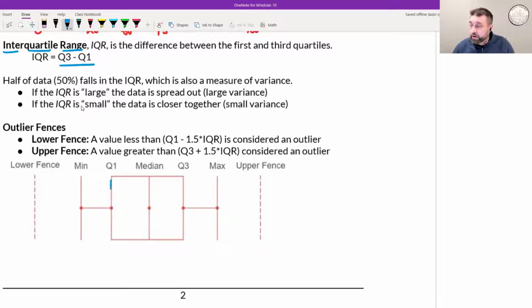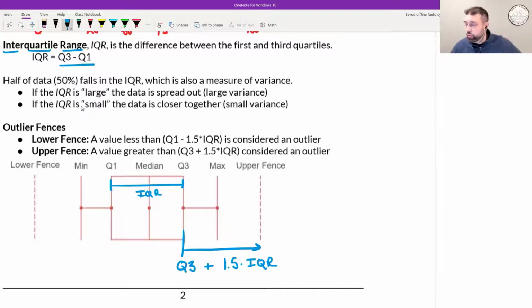If you take Q1 and Q3 and you take this IQR, this distance right here, and you multiply it by 1.5, and then you add that to Q3. So this value is Q3 plus 1.5 times the IQR, the interquartile range, the distance between Q3 and Q1.